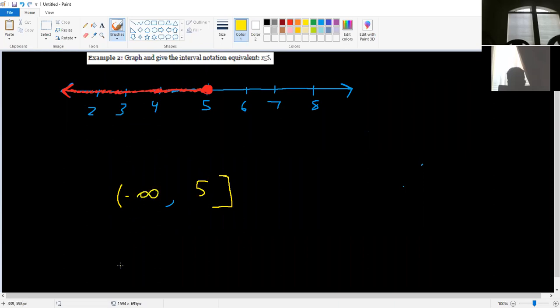Negative infinity is on the left. This is the lower bound because it's going to the left forever. The lowest number, we don't know what the lowest number could be. There's no lowest real number, so we put negative infinity, a concept. And 5 is the upper bound, but it's inclusive, so we add a bracket instead of parentheses.